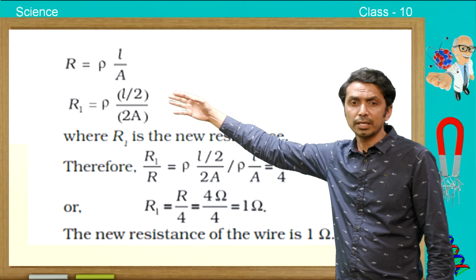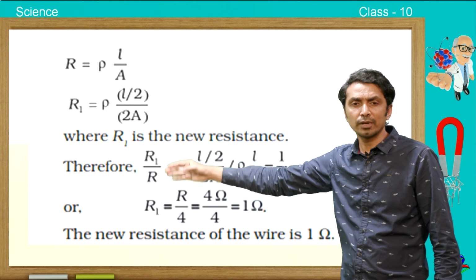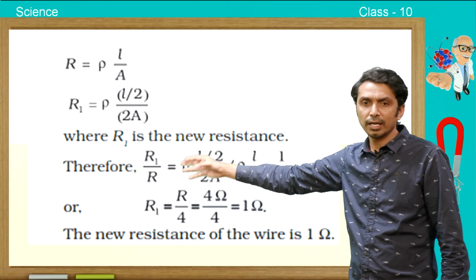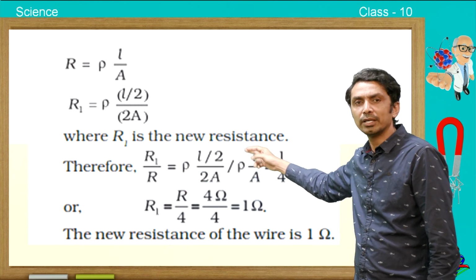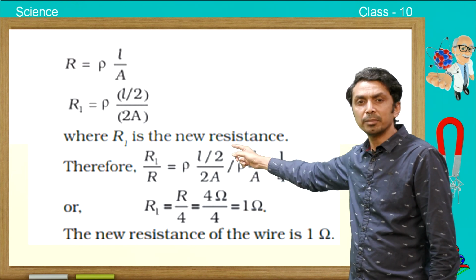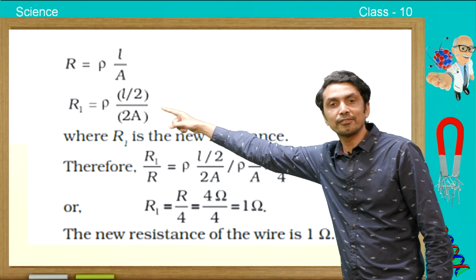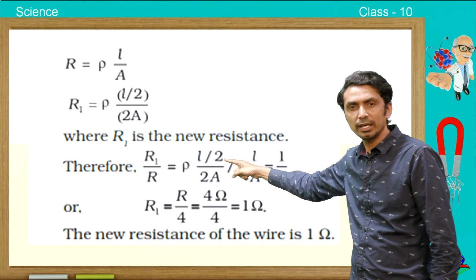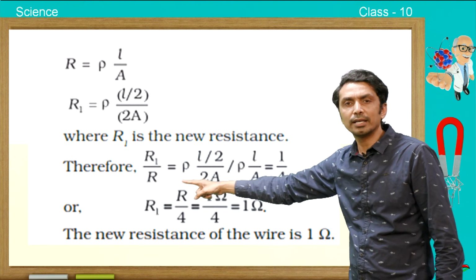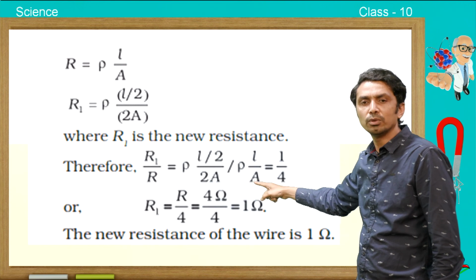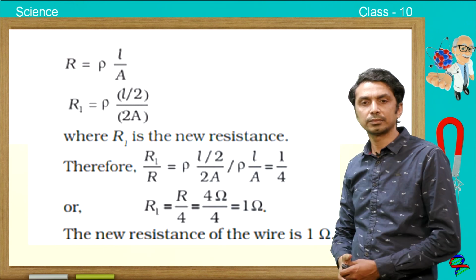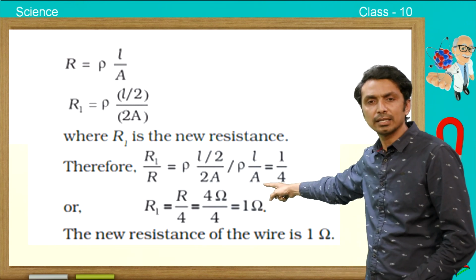Now shall we put the values? R1 by R is equal to rho L by 2 by 2A, that means here we have noted down the R1 value rho L by 2 by 2A, and below that we have noted down the value of R, that is rho L by A.